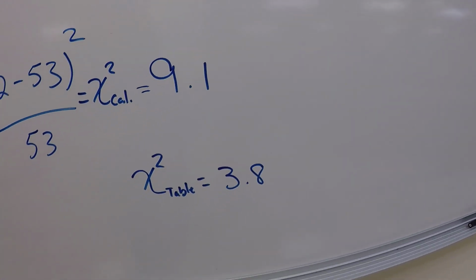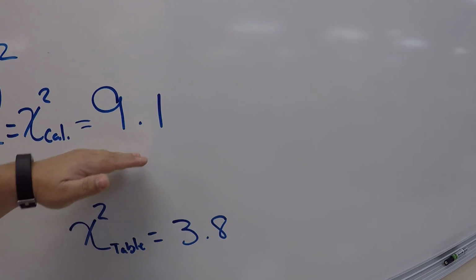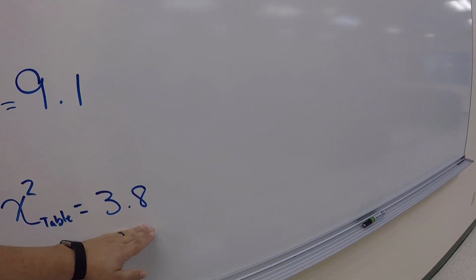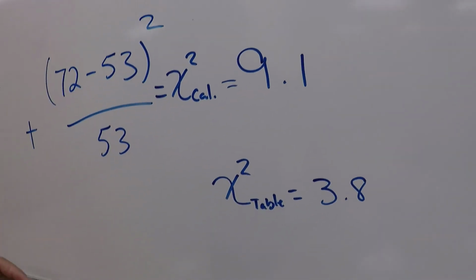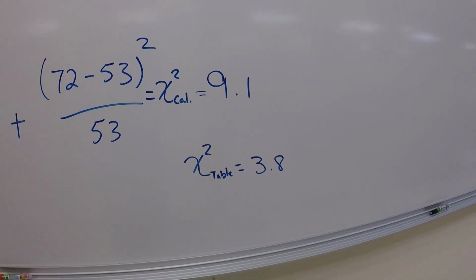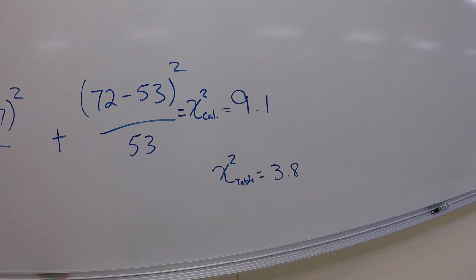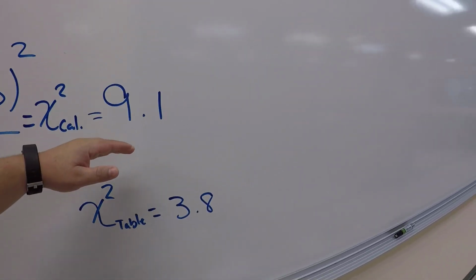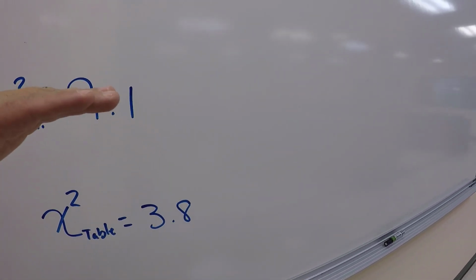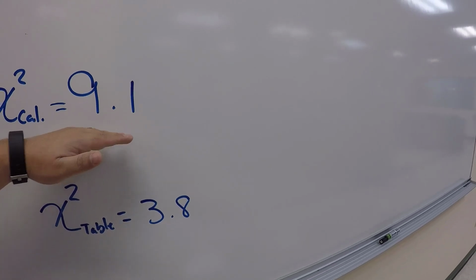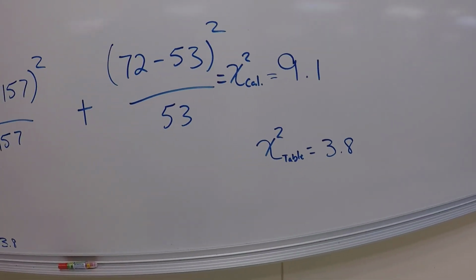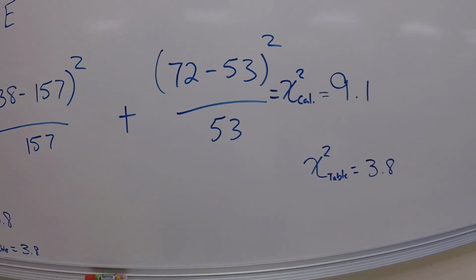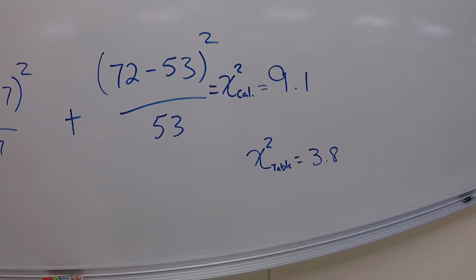If your calculated value is bigger than the table value, then the two things that you're comparing, the observed and the expected, are statistically different from each other. So in this case, that means that we are incorrect. The parents of that cross are not heterozygotes.